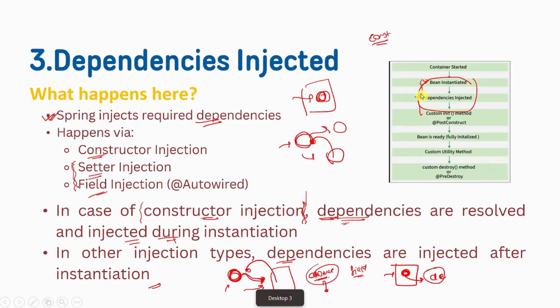So in constructor injection, both phases are combined into one, but in case of field and setter injection, these are different phases.